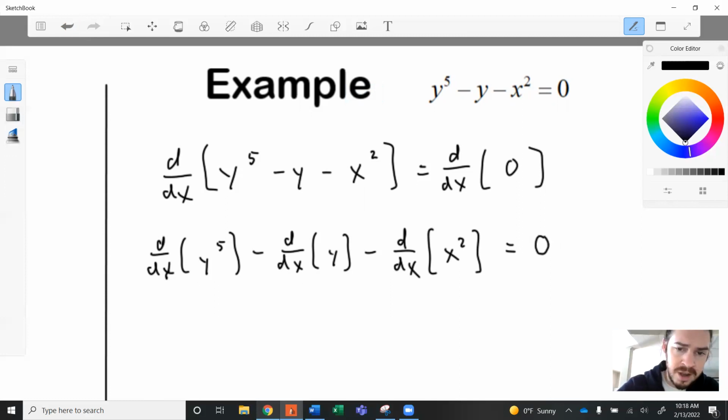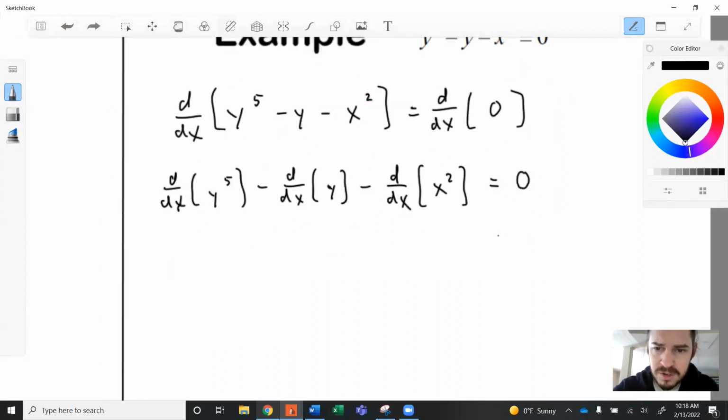Okay, so now I've got to deal with this left-hand side over here. I have these 2 places where I'm talking about the derivatives of y, different functions of y. And then here I'm dealing with the derivative of a function of x. So I think it's going to be easiest to start with our rightmost term. The derivative of x squared with respect to x is just exactly what we're used to. Just doing the power rule, it's just 2x. And we're subtracting that. Okay, so that's that.